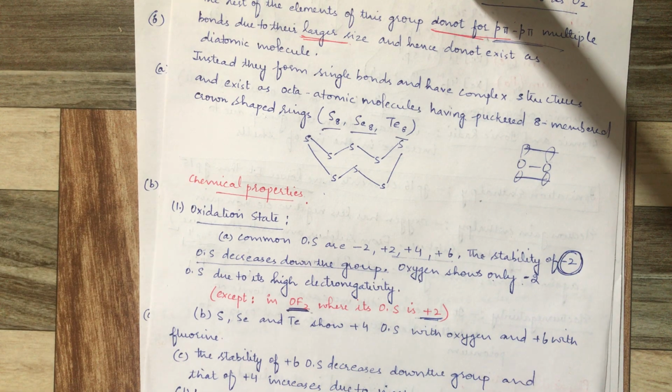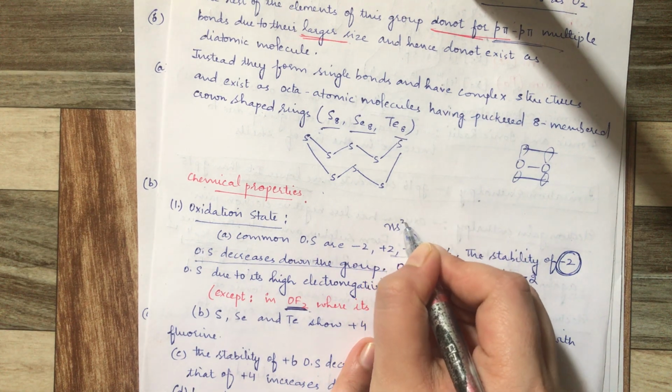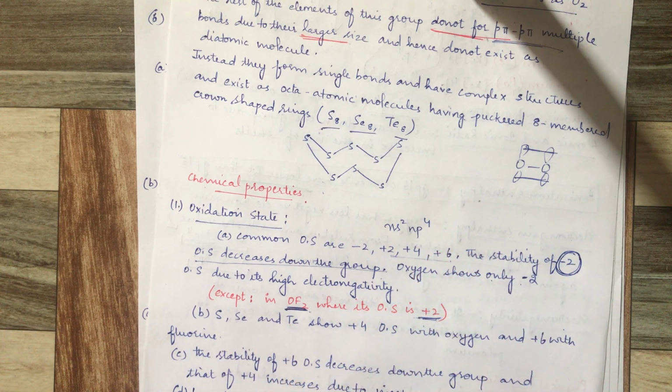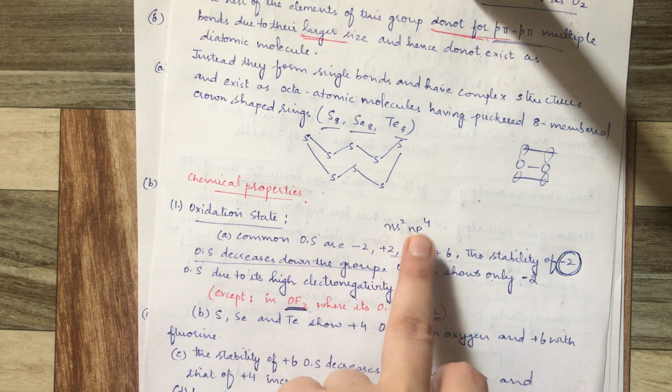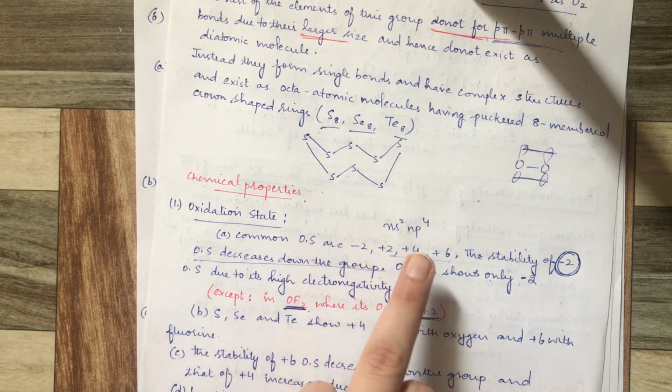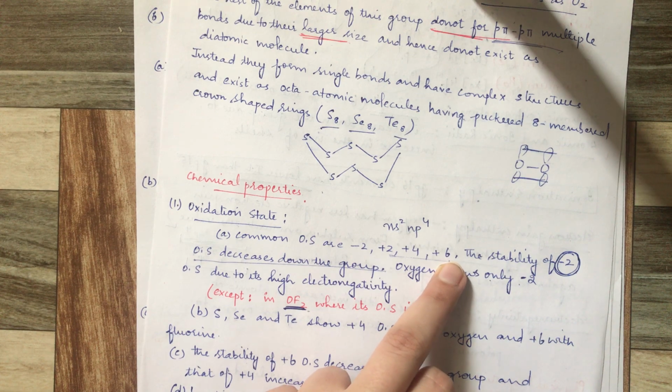So again, to repeat, the electronic configuration of group 16 elements is ns2 np4. The negative oxidation state is -2, and the positive oxidation states are +2, +4 and +6.